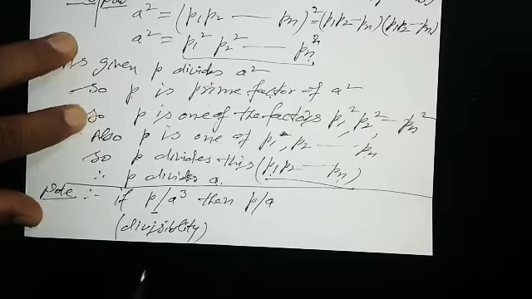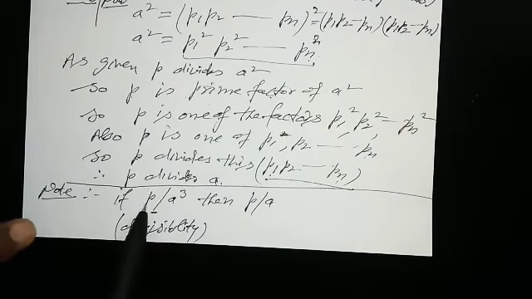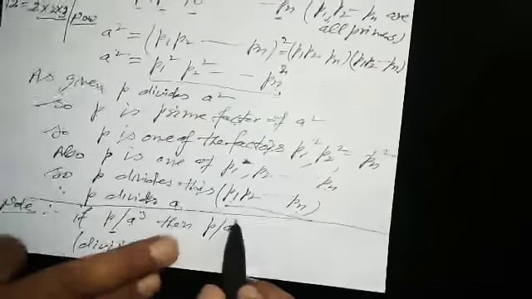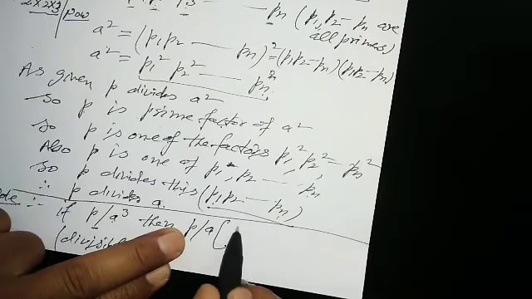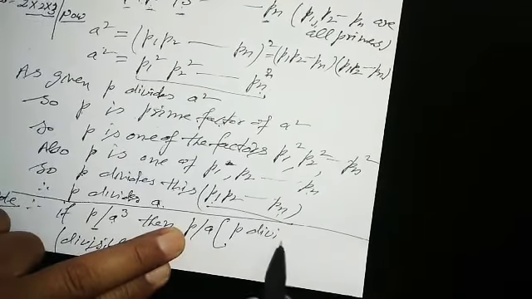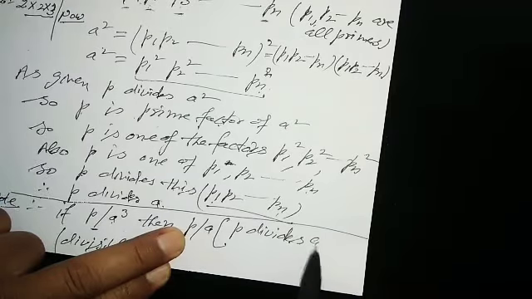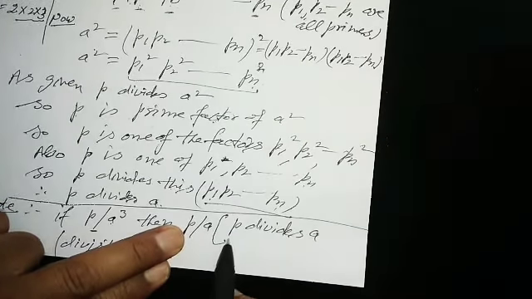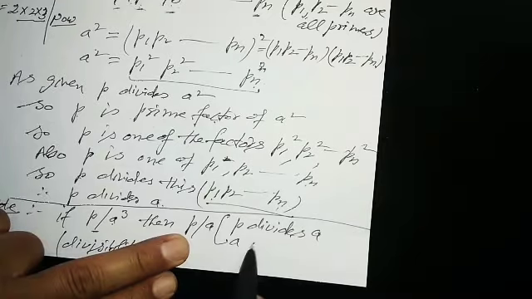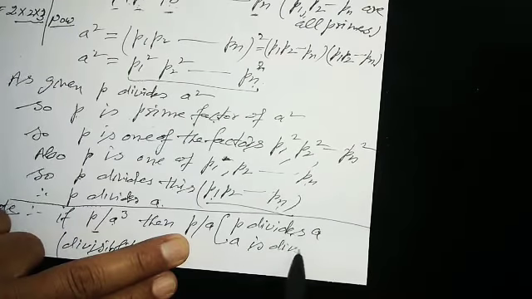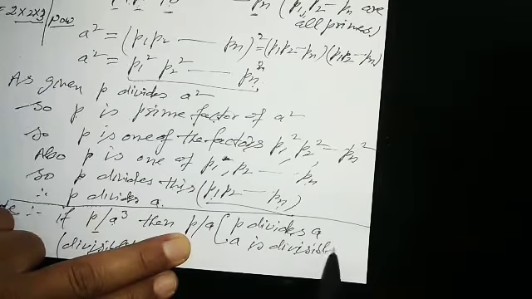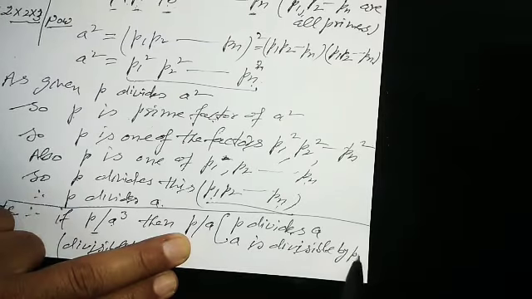Okay, it means p divides a cube. We will read it as, I will write p divides a. Okay, this can also be written as a is divisible by p.